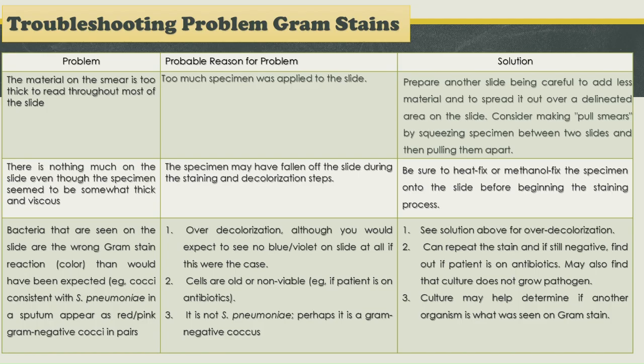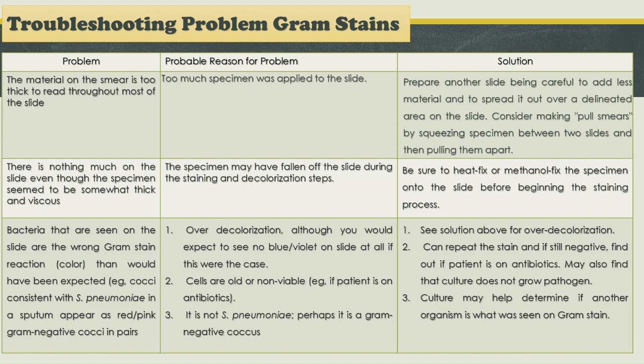Problem: there is nothing much on the slide even though the specimen seemed to be somewhat thick and viscous. Probable reason for problem: the specimen may have fallen off the slide during the staining and decolorization steps. Solution: be sure to heat fix or methanol fix the specimen onto the slide before beginning the staining process.